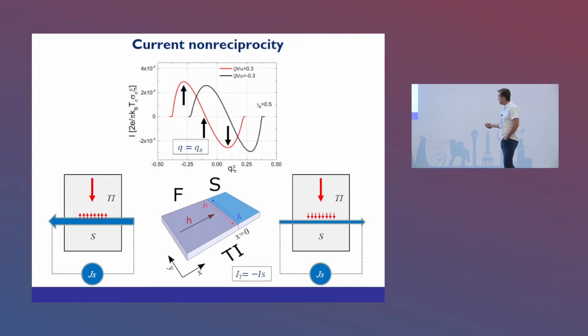It means that if we bias the system with a current in one direction and then the same current in the opposite direction, the critical currents will be different. In this direction the current is larger than in this direction, because there is a difference. It's not so big anyway, but there is a difference.